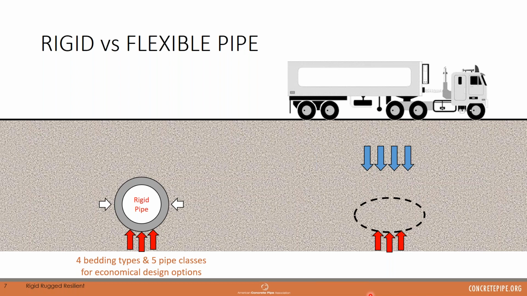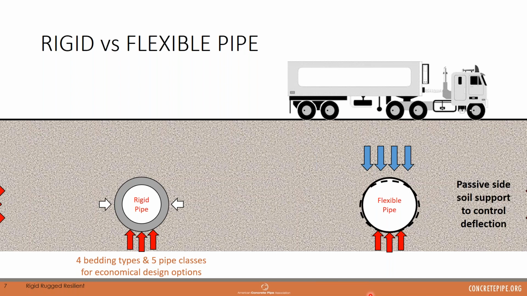So what flexible pipe also requires is this passive side soil support to control the deflection. So really, to sum that up, flexible pipe is a lot more installation sensitive, which, as Riley will explain later, results in a much more complex design method. You're not really designing the pipe, actually. You're designing the soil envelope around the pipe.